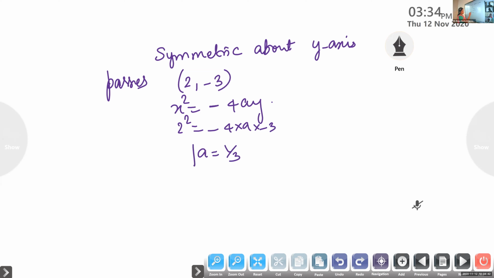Is it okay, Nandana? Yes, ma'am. And what is the final answer? What is the equation? Anila Mohanan, what is the answer? 3x squared is equal to minus 4y.